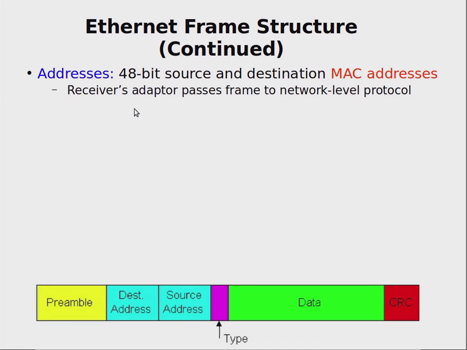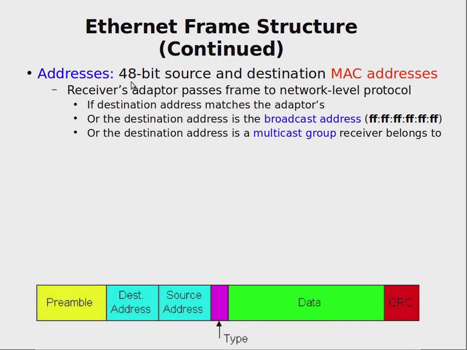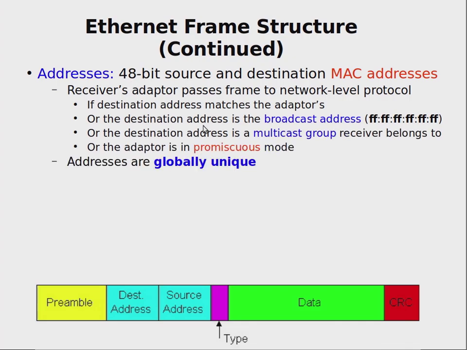Now with virtual devices, etc., it may be a little bit of a problem. Therefore, for newer Ethernet devices, this address field may actually be 64 bits long. But in most cases, usually, it's still 48 bits.